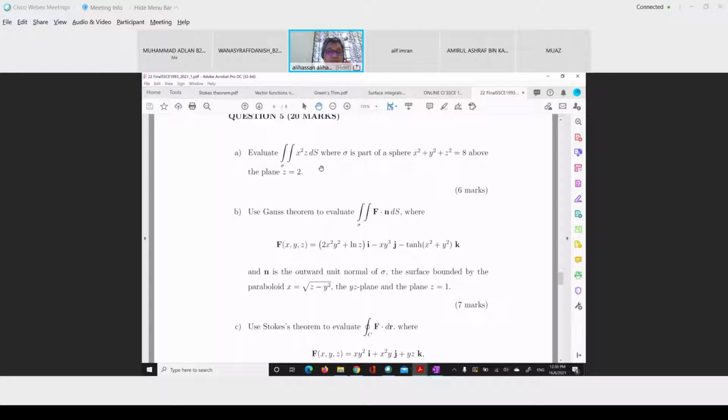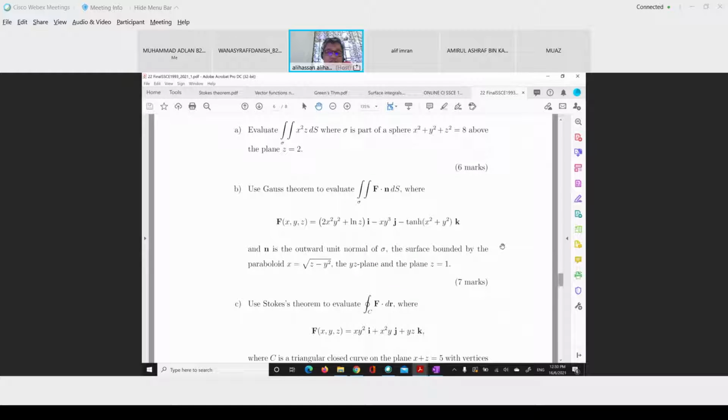And here part B is the Gauss theorem. Here we have divergence, right? F dot n is divergence, and then dS also. For Stokes' theorem, we have curl F dot n. For Gauss, we have divergence. It is actually a triple integral here.